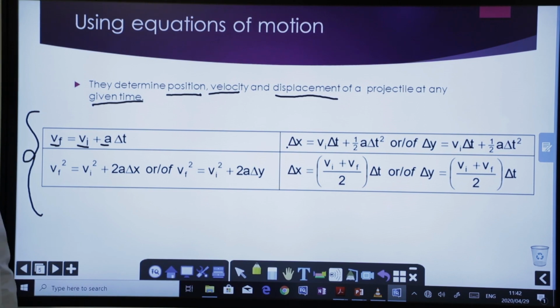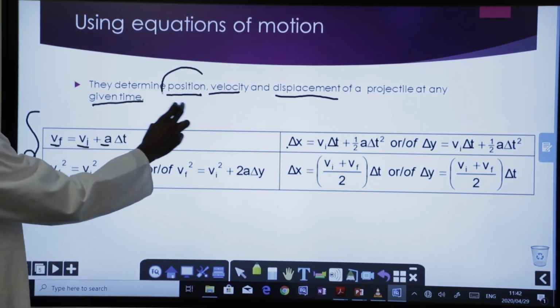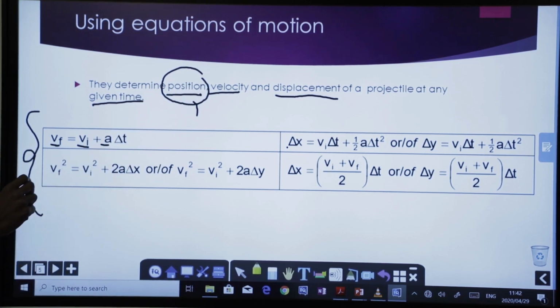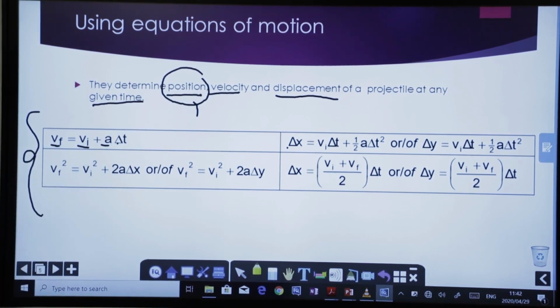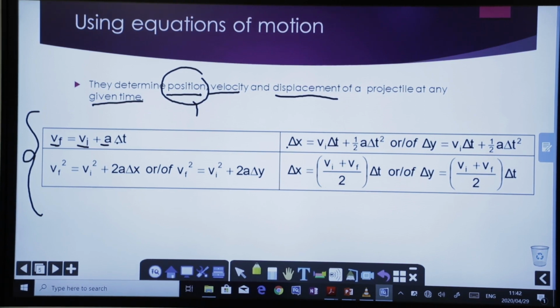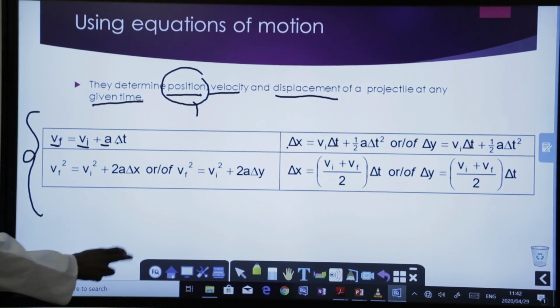So we have to have a direction before we write out the values of those parts of the equation. As for time, I'm sure you understand it's the only scalar quantity within our equations of motion.